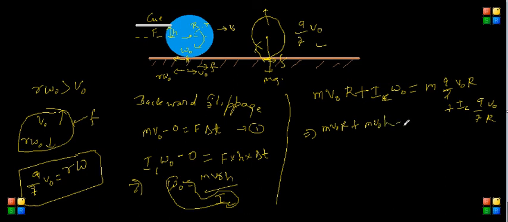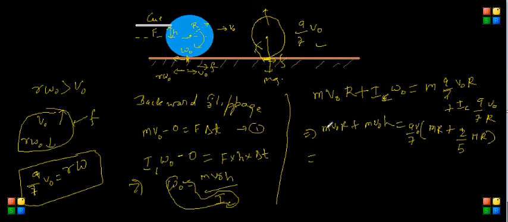So m v naught (r plus h) is the same as 9 by 7 v naught common, times m into r plus I C divided by r. In the case of a spherical ball, I C is 2 by 5 m r squared, so I C divided by r is 2 by 5 m r.